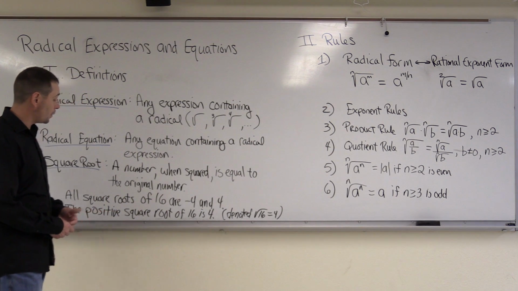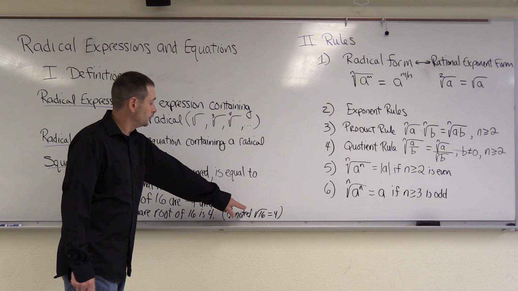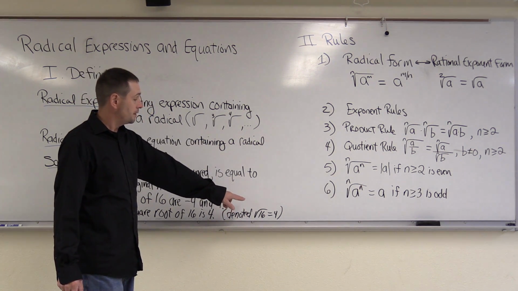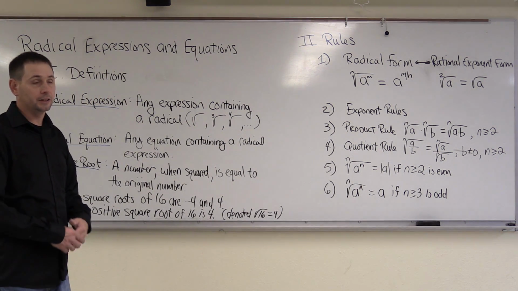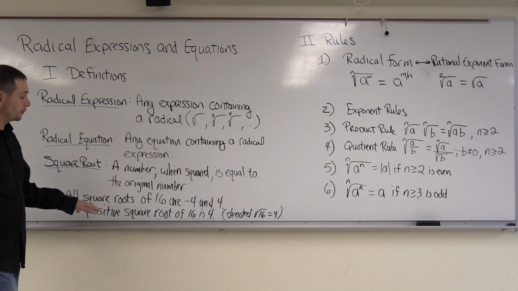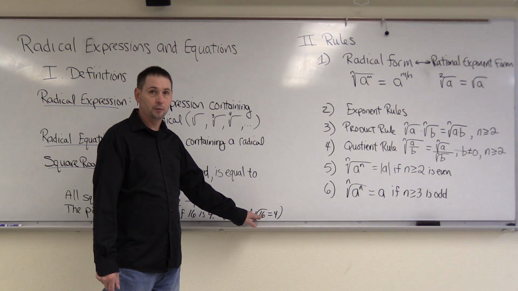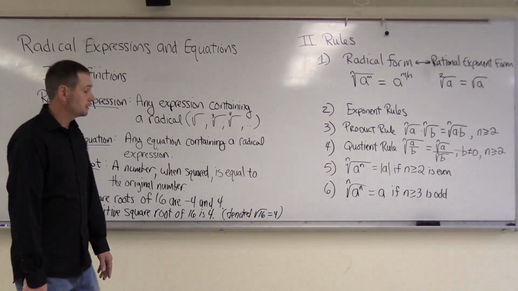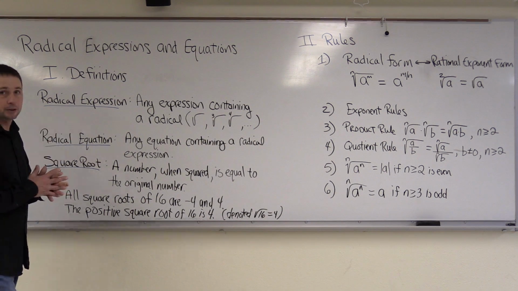But when I denote it with the radical symbol, square root of 16, then I'm actually asking you for the positive root, and that's it. So the positive square root of 16 is 4. So when we ask you the square root of 16 with the radical symbol, it's going to equal 4. These are just a few definitions that will help us as we go through.